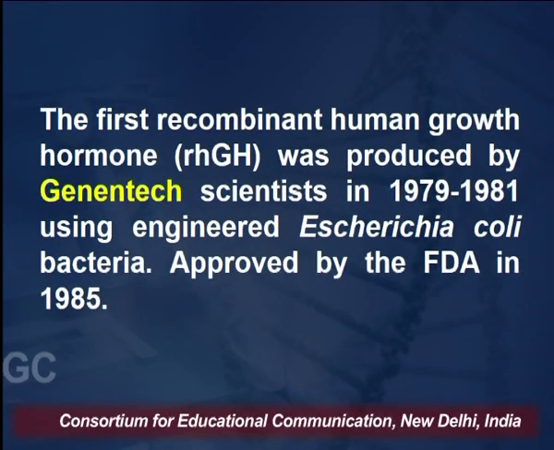The first recombinant human growth hormone was produced by scientists at the company Genentech from 1979 to around 1981, using engineered E. coli, Escherichia coli bacteria. It was approved by the FDA in 1985 for public usage.